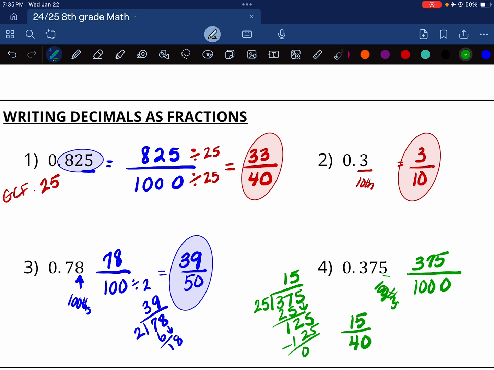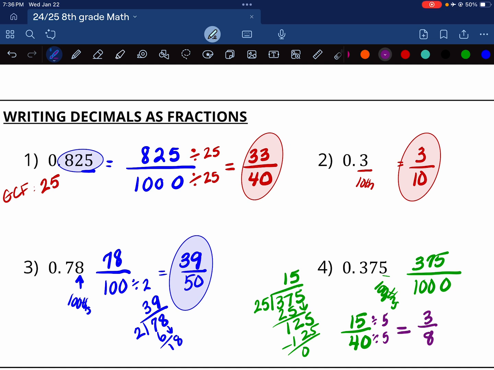But is this in simplest form? Well, no, it's not. I can still divide both of these by 5, which equals 15 divided by 5 is 3, and 40 divided by 5 is 8.